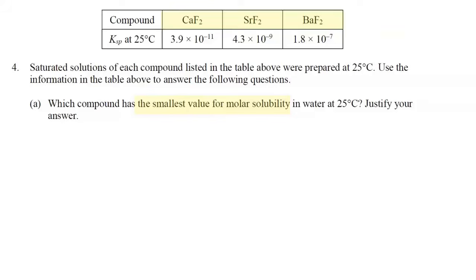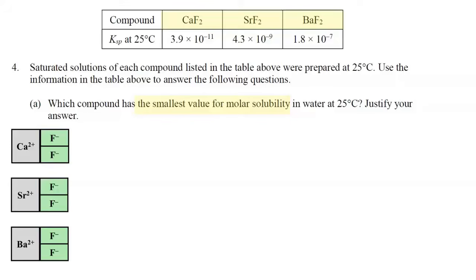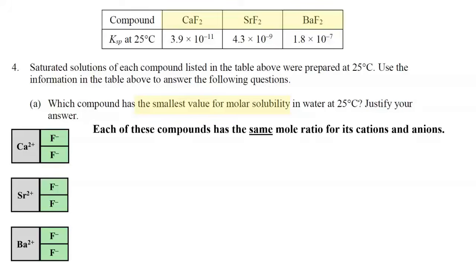Justify your answer. So in this particular question, it is fortunate that each of these three compounds that we are comparing has the same mole ratio for its positive ions, cations, and negative ions, anions. There is a 1-to-2 ratio. So whether it's calcium fluoride, strontium fluoride, or barium fluoride, there is that 1-to-2 ratio between the positive ion and the negative ion.